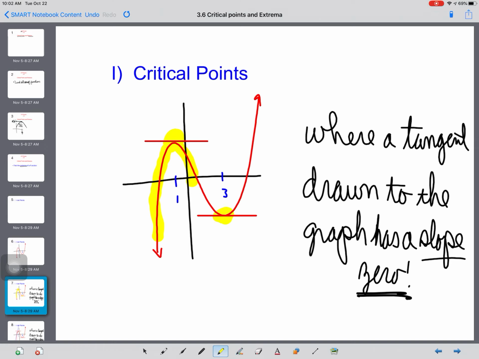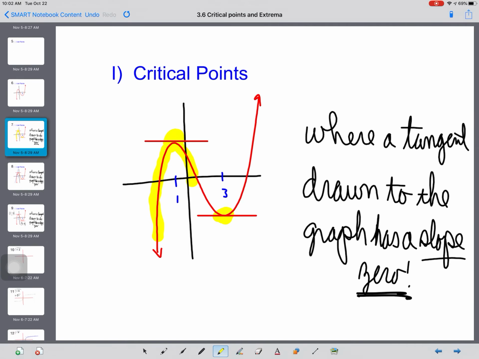Likewise, down here, there's a horizontal tangent. So the critical point occurs when the graph's tangent line has no slope. And a tangent line is a line that just touches at one point. For example, over here, that's the tangent line at that point. That's not a horizontal line.